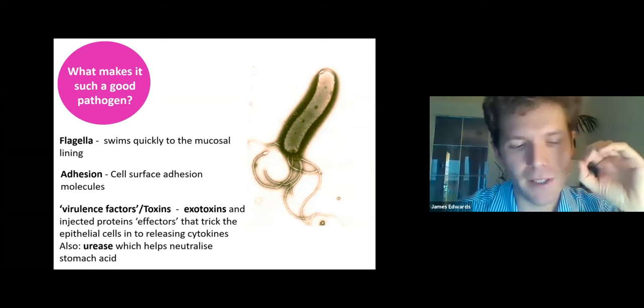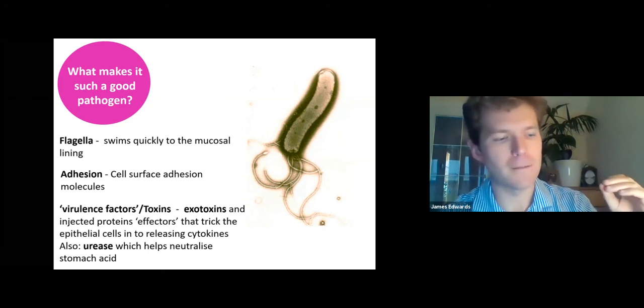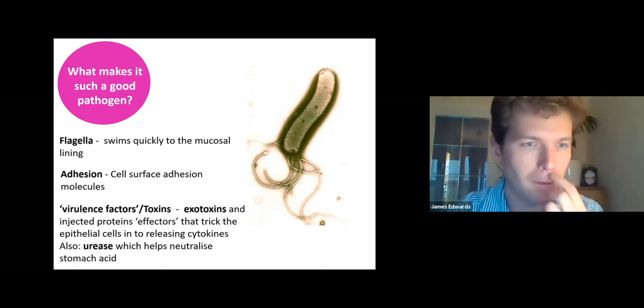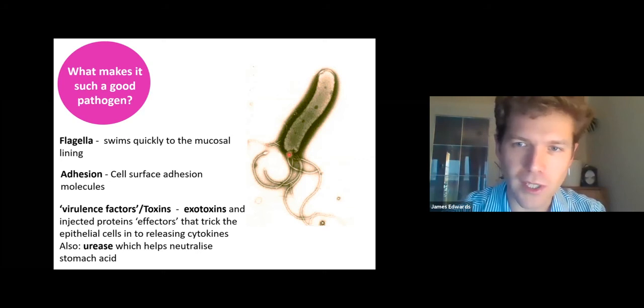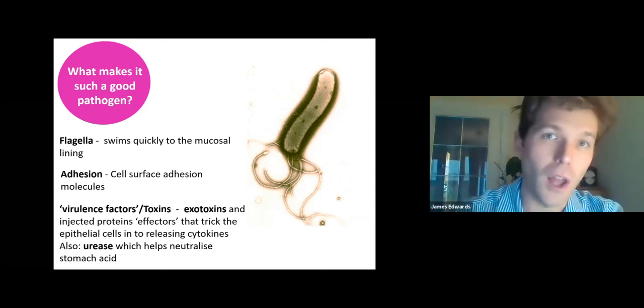What is Helicobacter? It's a very specialized human pathogen that has a number of different features which allow it to be very good at colonizing and living inside your stomach. The first thing that it has is lots of flagella, the tails which you can see here, which allow it to propel itself very, very quickly. So when it enters the stomach and is swimming around, it can move very fast over to the lining of the stomach.